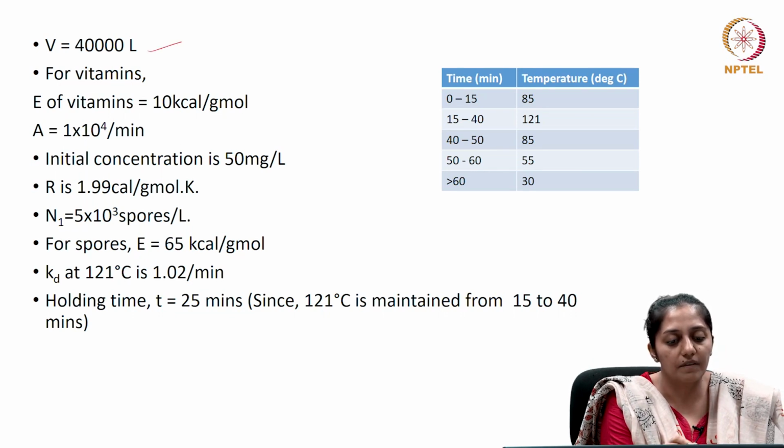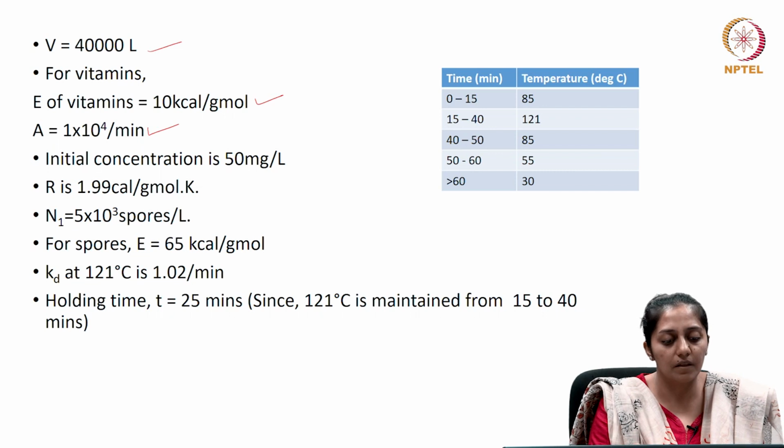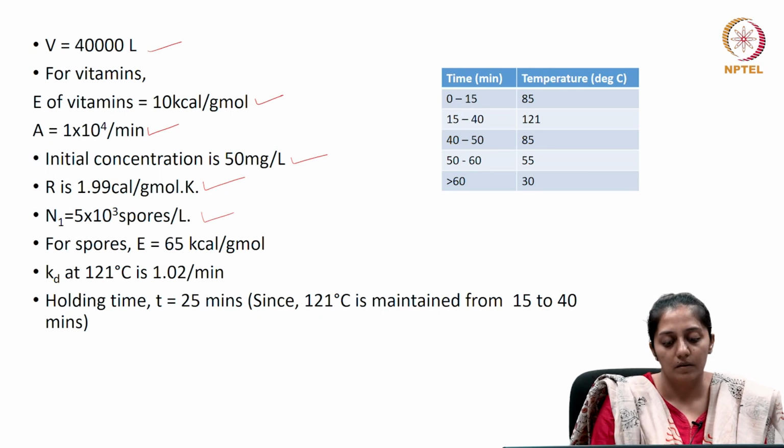The volume is given as 40,000 liters. For vitamins, the E value is given and the A value is given. For the Arrhenius equation, the initial concentration is known, R value is given, the initial number of spores per liter, the concentration of spores in the medium is given, and for the spores the E and the Kd value is also given.